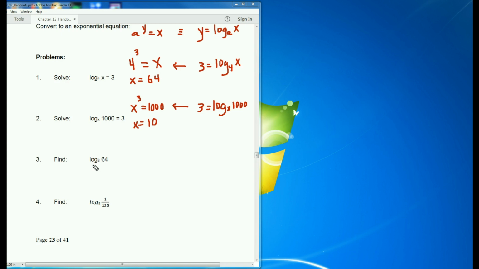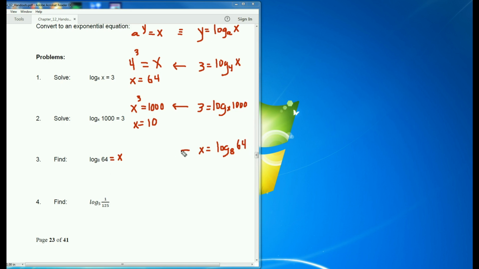All right, number 3, find log base 8 of 64. All right, so we create the logarithmic equation by just setting this expression equal to x. So now there's our logarithmic equation. All right, so let's write that over here. So we have x equals log base 8 of 64.